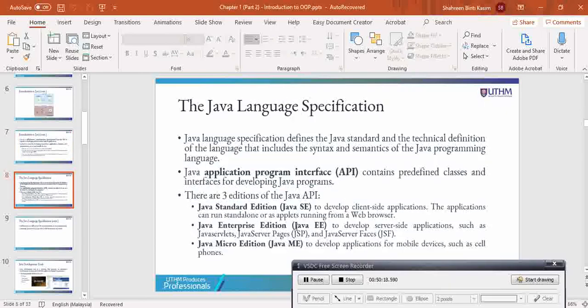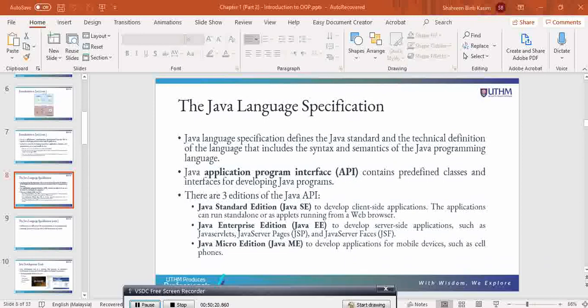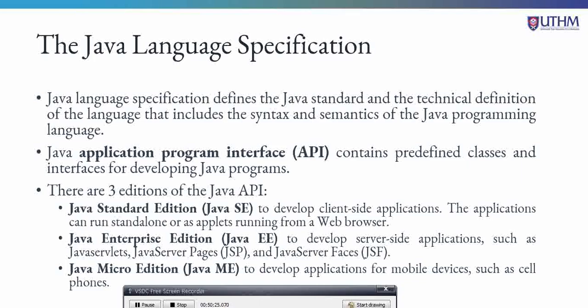Next, Java language specification. The Java language specification defines the Java standard and the technical definition of the language that includes the syntax and semantics of the Java programming language.